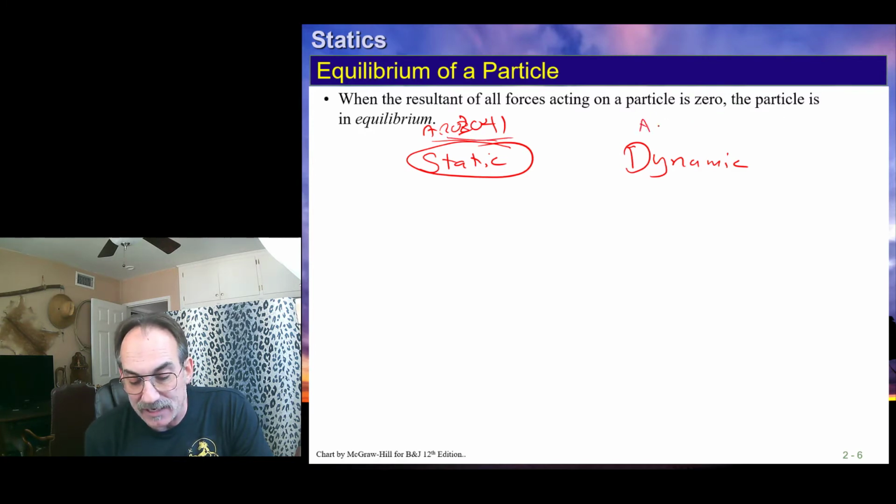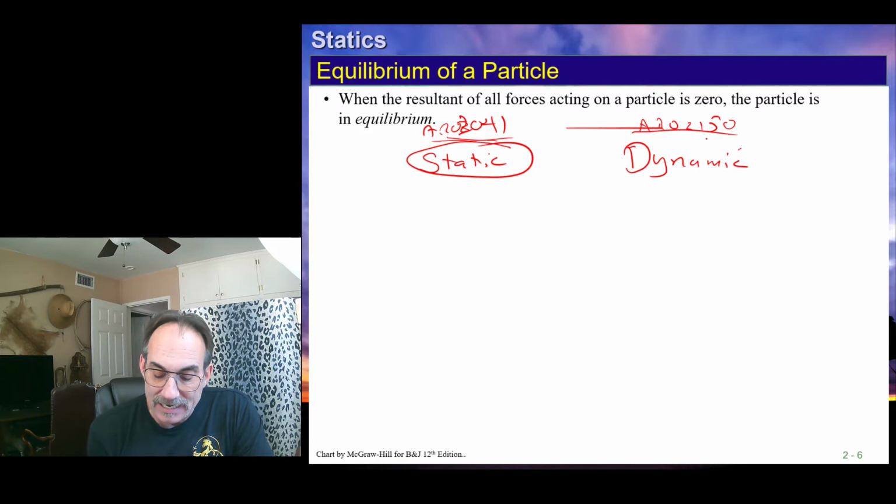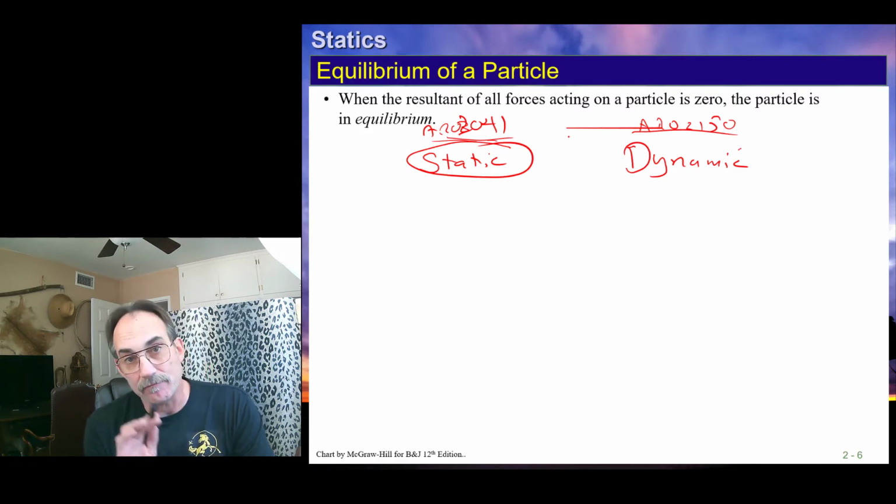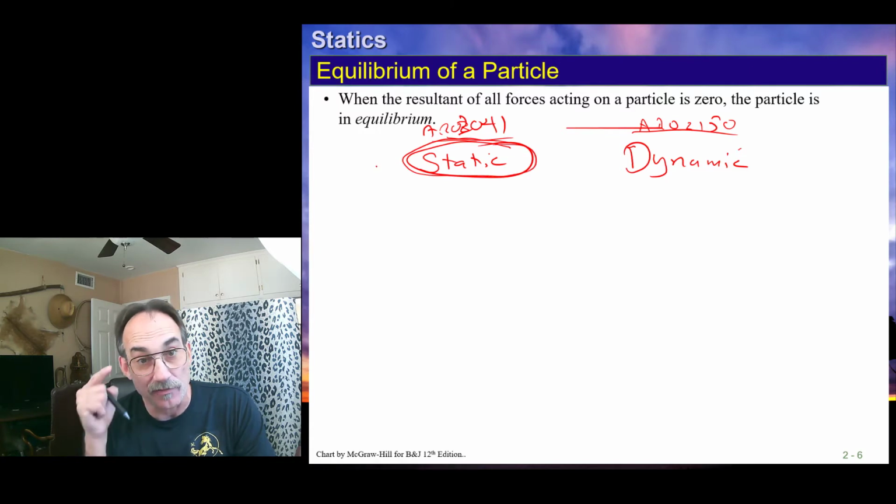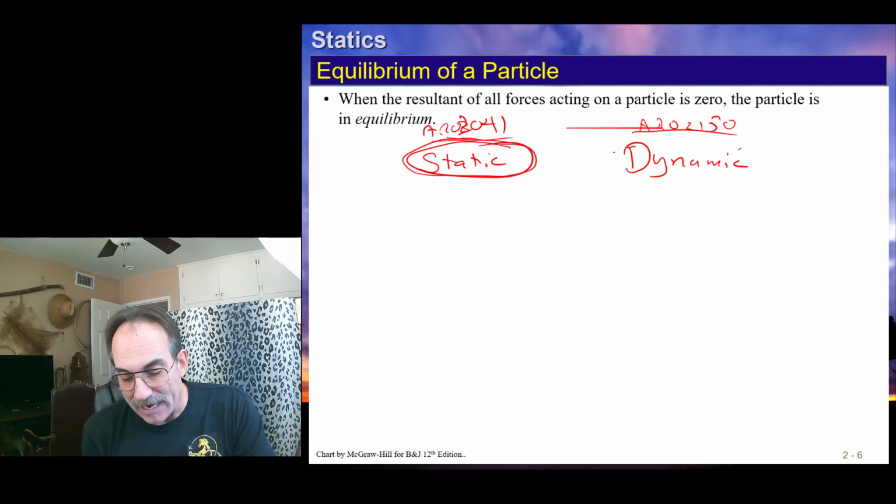For dynamics, it's ARO 2150. That's the dynamics course. So basically, in most undergraduate programs, you're going to have a statics course where you're solving this kind of stuff, and a dynamics course which will follow.